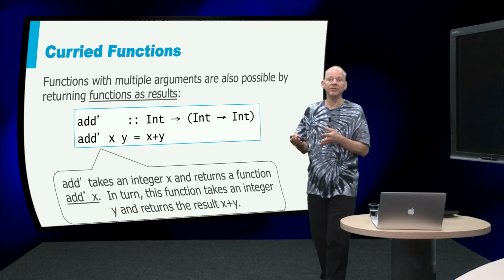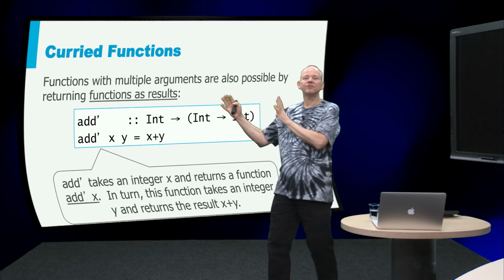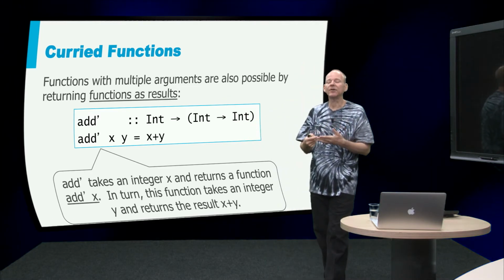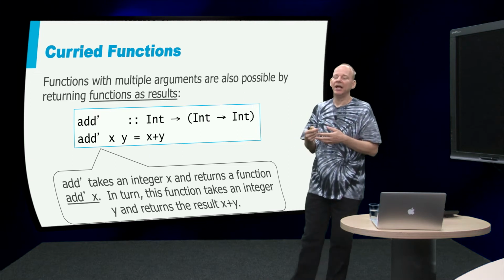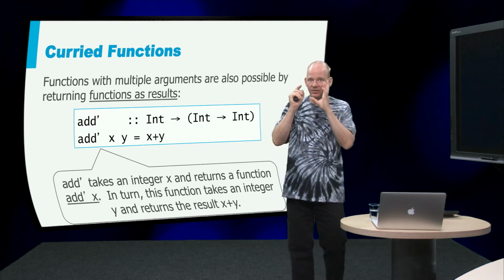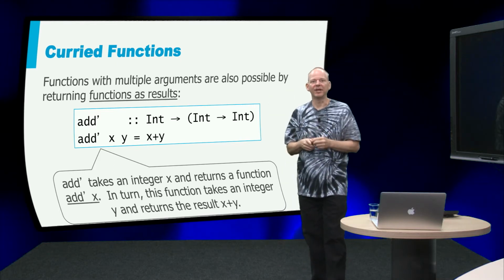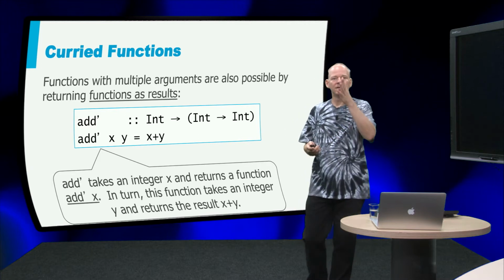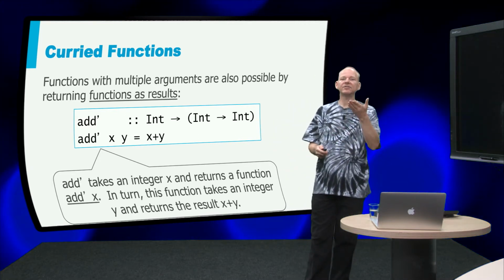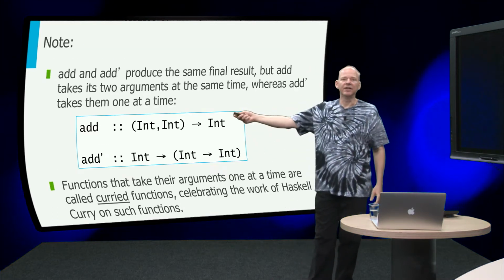Because this is so common the arrow associates to the right, which means that you can write this type as int, arrow, int, arrow, int. And that's where it becomes confusing for beginners. So when you read these types, you have to know where to put the parentheses. But for now, there's nothing special here. Add is a function that takes an integer and returns another function that takes an integer and then returns an integer.